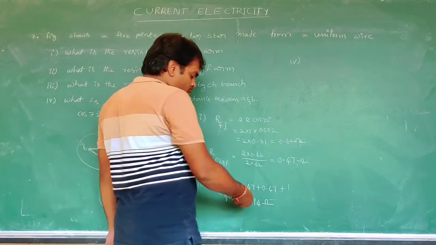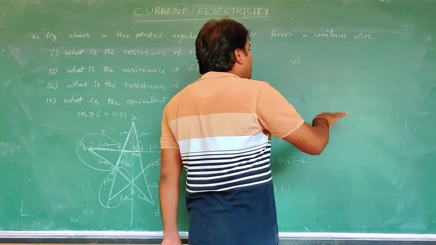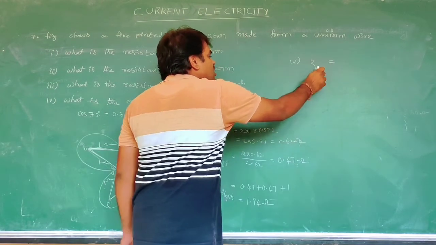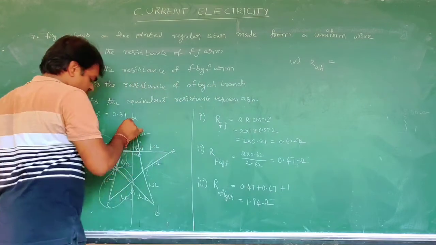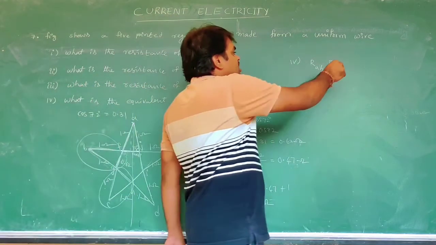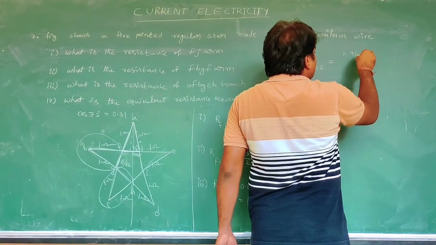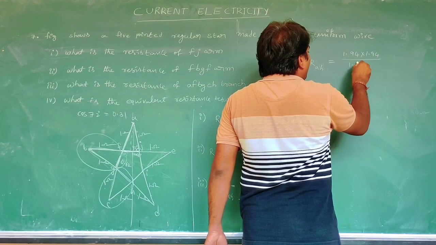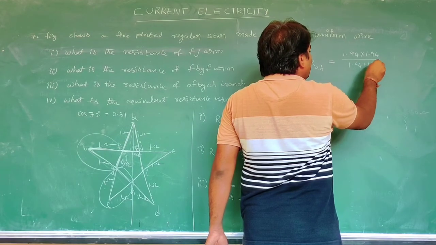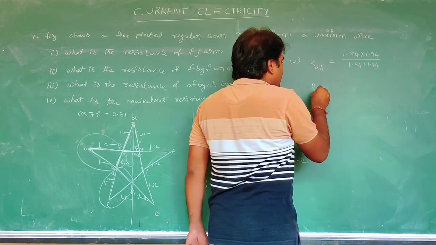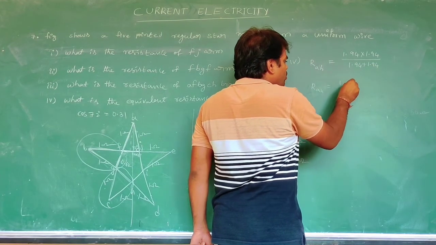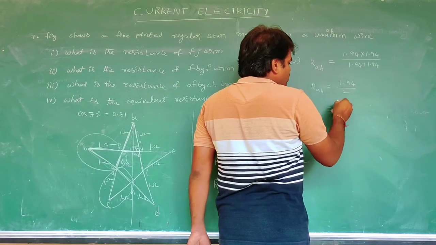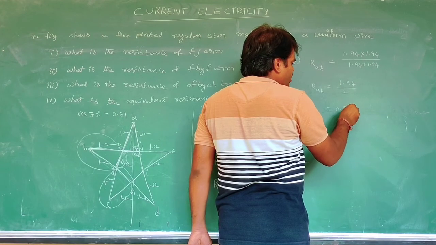So the resistance of AH in the star is parallel combination: 1.94 into 1.94 by 1.94 plus 1.94. We simply say AH is equal to, both equal resistances, 1.94 by 2. Then cancel, that is 0.97 ohm.